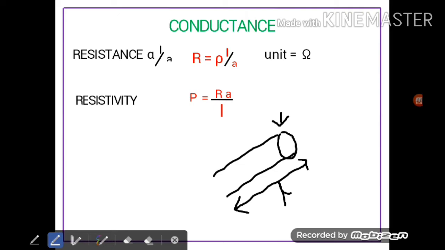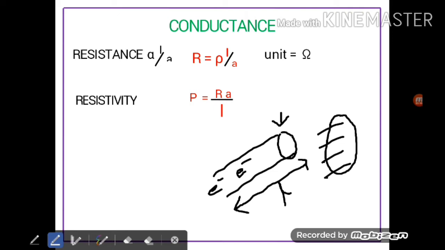Because in conductors the electrons are responsible for conducting electricity, so per second how many electrons are passing. If the area of cross section is small, then the number of electrons will be less. If the area of cross section is large, more electrons will pass through it. The more the number of electrons, the more the conductance, so the less the resistance.